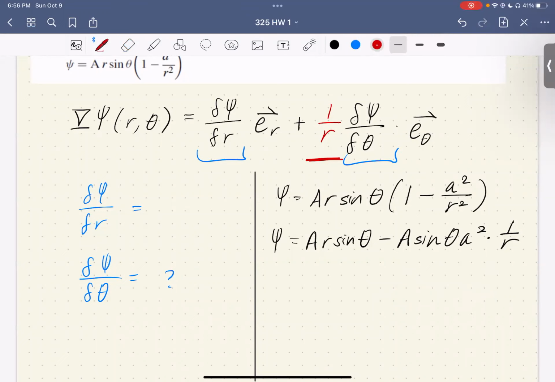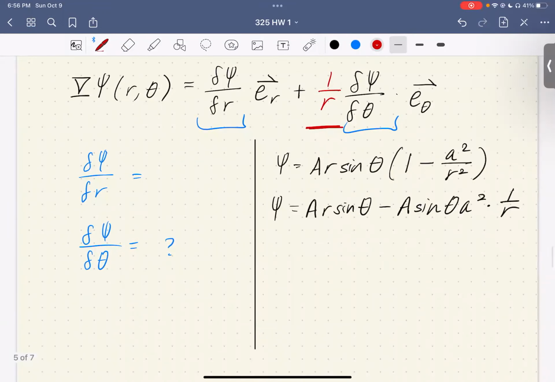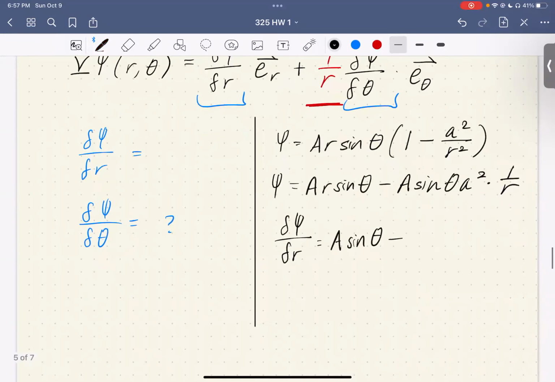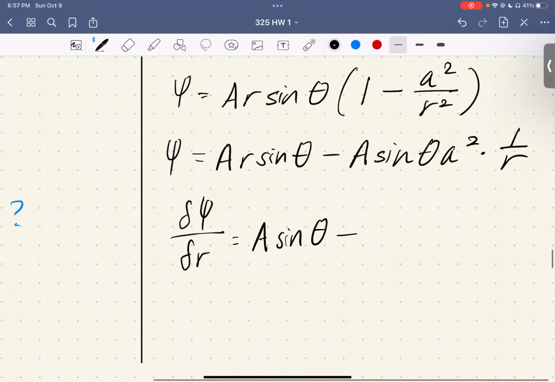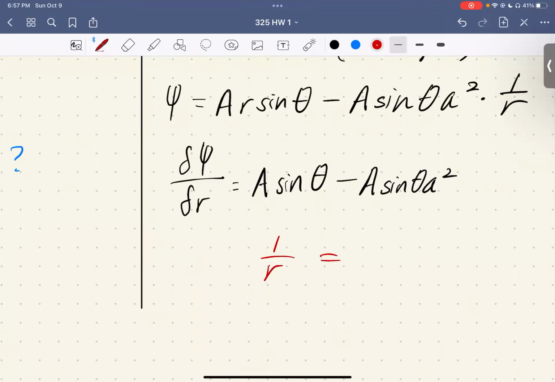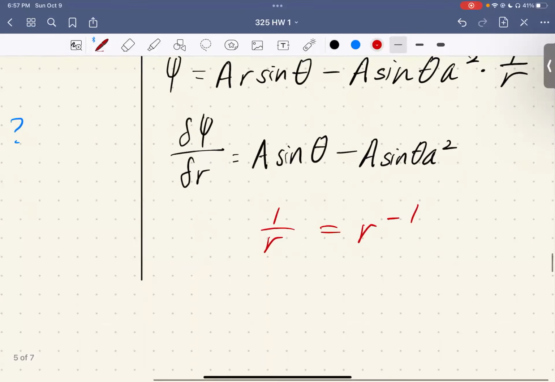So if we keep going, getting that partial derivative, let's set it equal correctly now. Taking the partial derivative with respect to r, we have a sine theta, because that r is canceled. Then right over here, we still have a sine theta a squared. That's all the same. Then as we know, taking the derivative of 1 over r is the same thing as r to the negative 1 power.